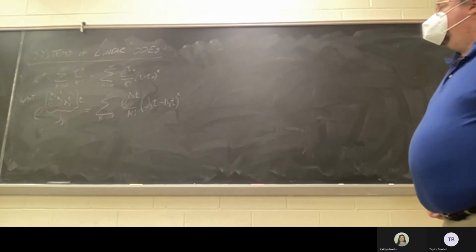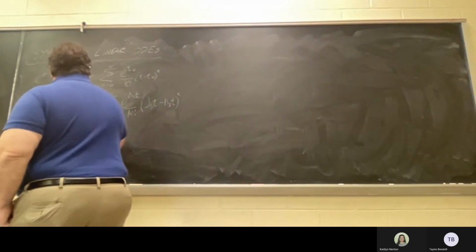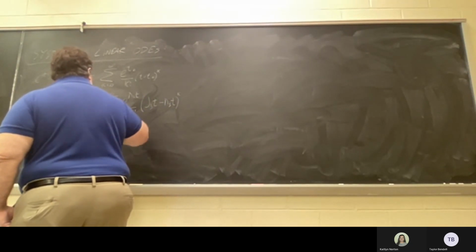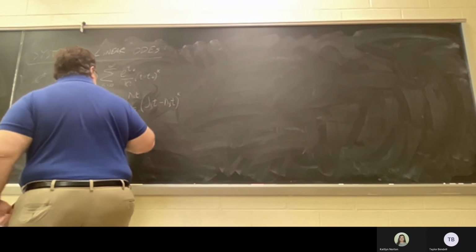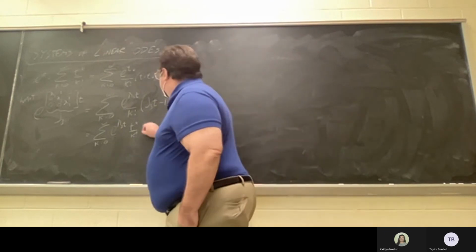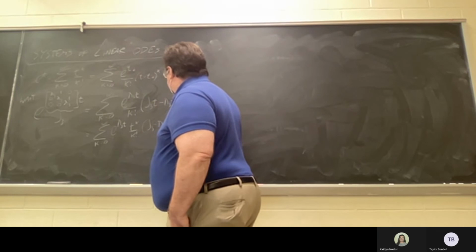Now, I can simplify that a little bit: e to the lambda 3t, t to the k over k factorial. I'm factoring the t to the k out of that. And then I have J3 minus lambda 3 times the identity, raised to the k power.